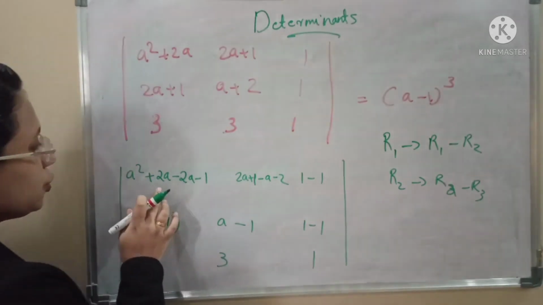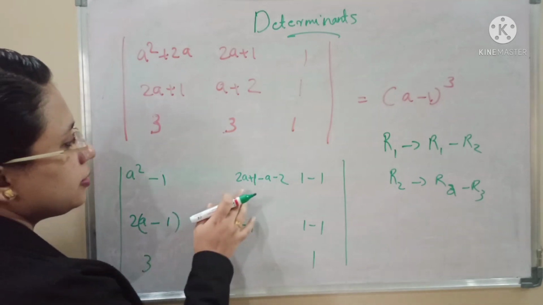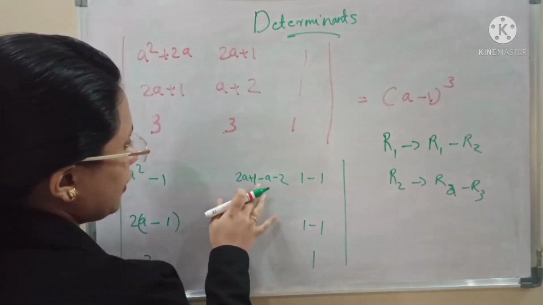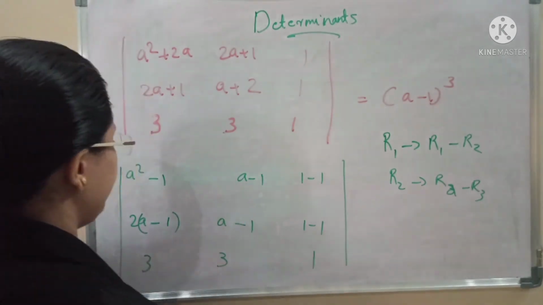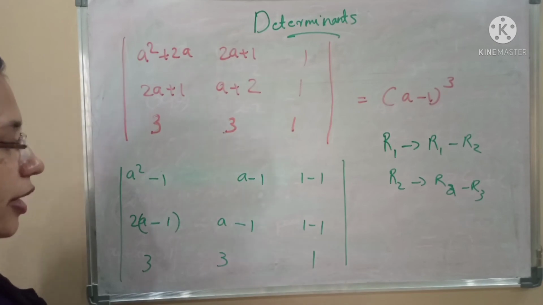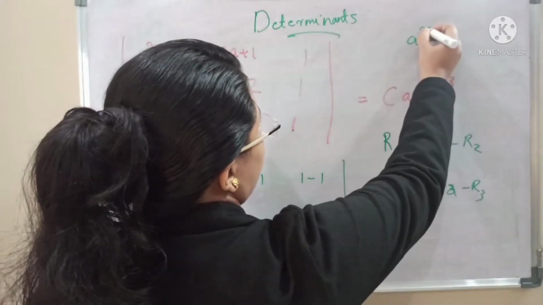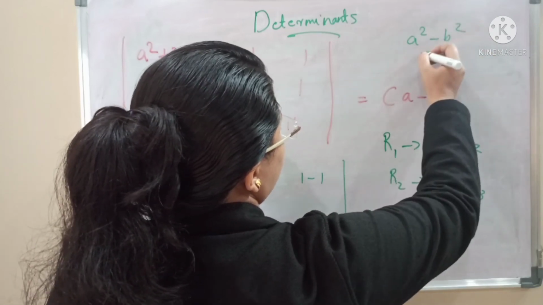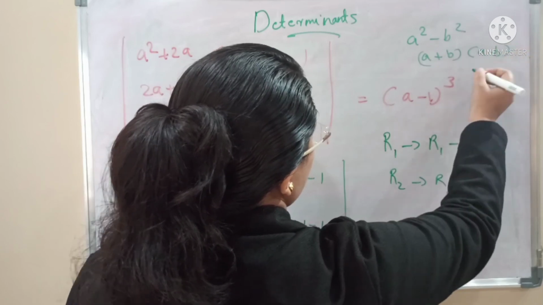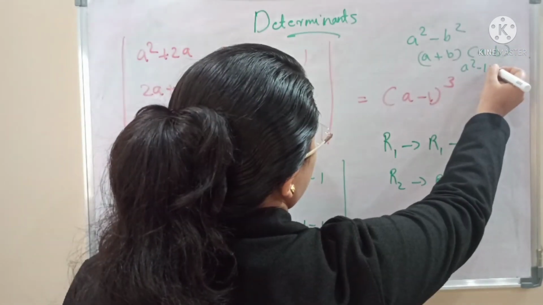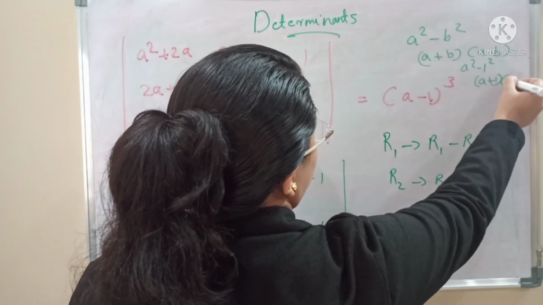Okay, so this is going to be a square minus 1, this will be a minus 1. Okay, so a square minus 1 means a square minus b square, which is (a plus b) into (a minus b). So a square minus 1 square is (a plus 1) into (a minus 1).